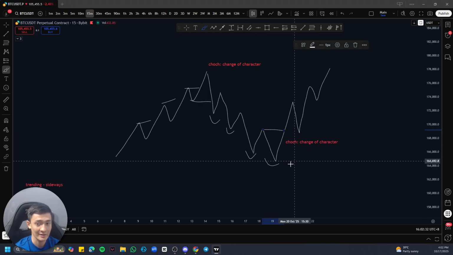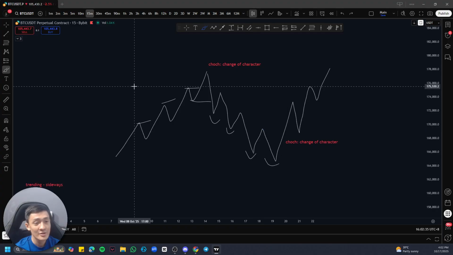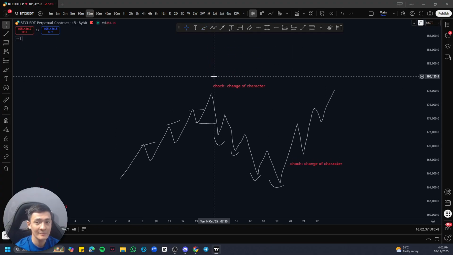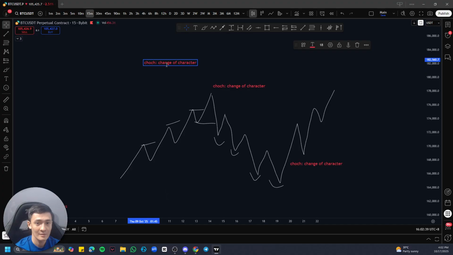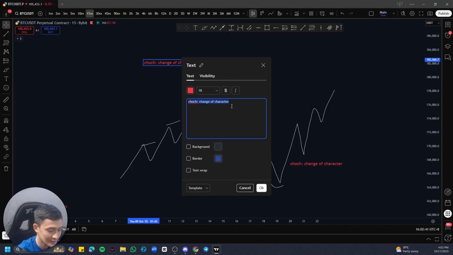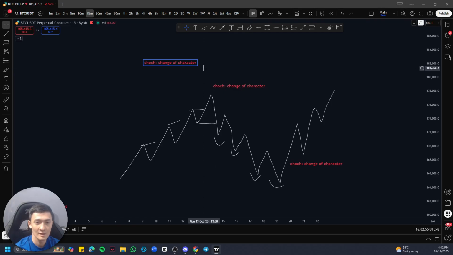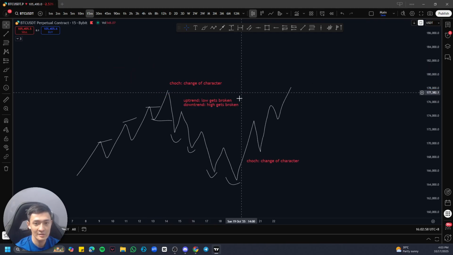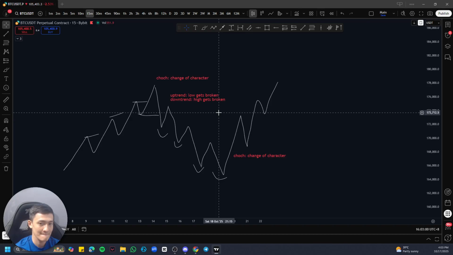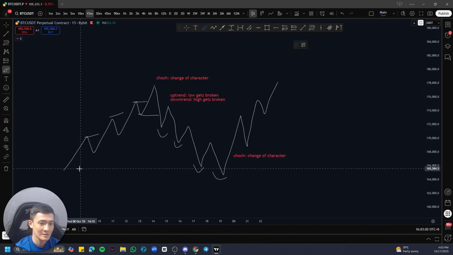Change of character. Okay, so a change of character is basically in an uptrend, when the low gets broken, in a downtrend, when the high gets broken. Okay, this is a change of character, right?